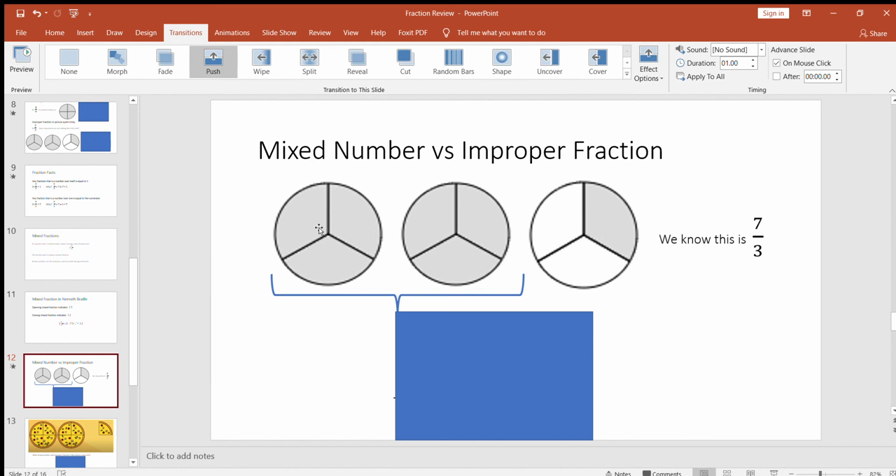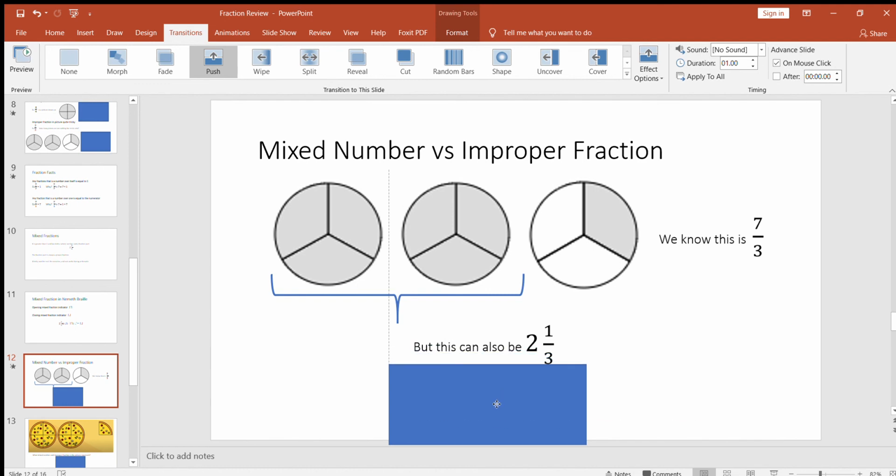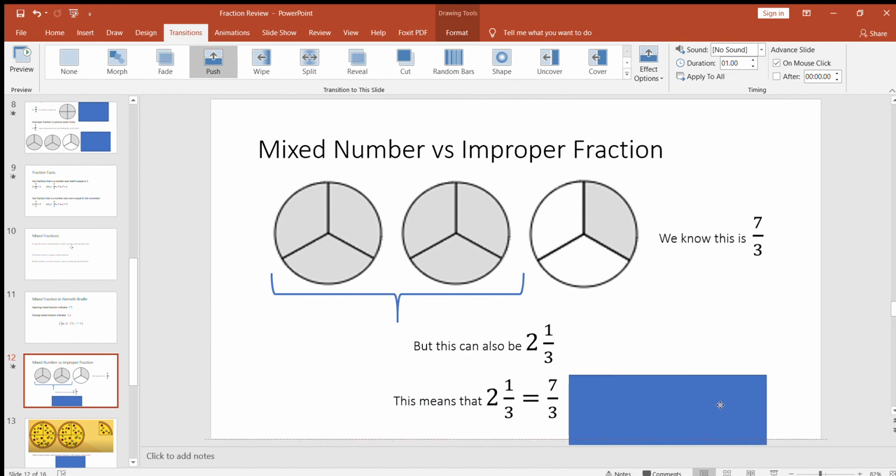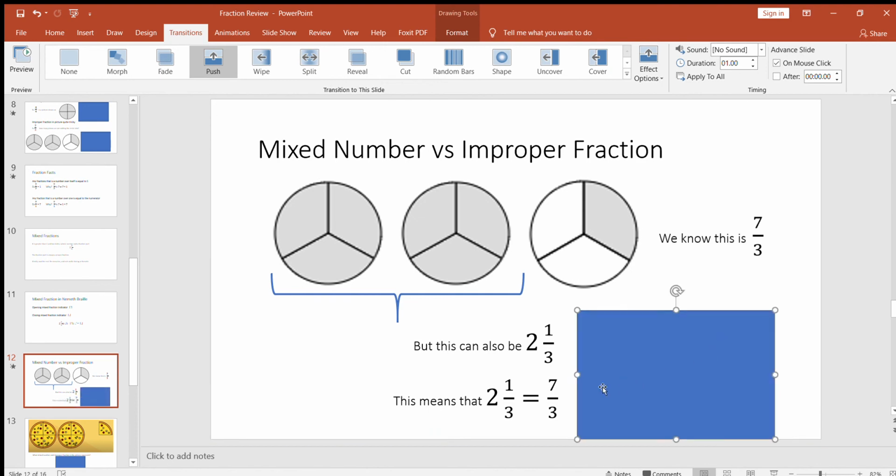So this picture, or those 3 circles, can also be written as 2 and 1/3. But wait, we talked about those 3 circles as 7/3, right? So what does this tell us? Well, it tells us that 2 and 1/3 is equal to 7/3. That mixed number and that improper fraction are the same thing, because they represent the same value.